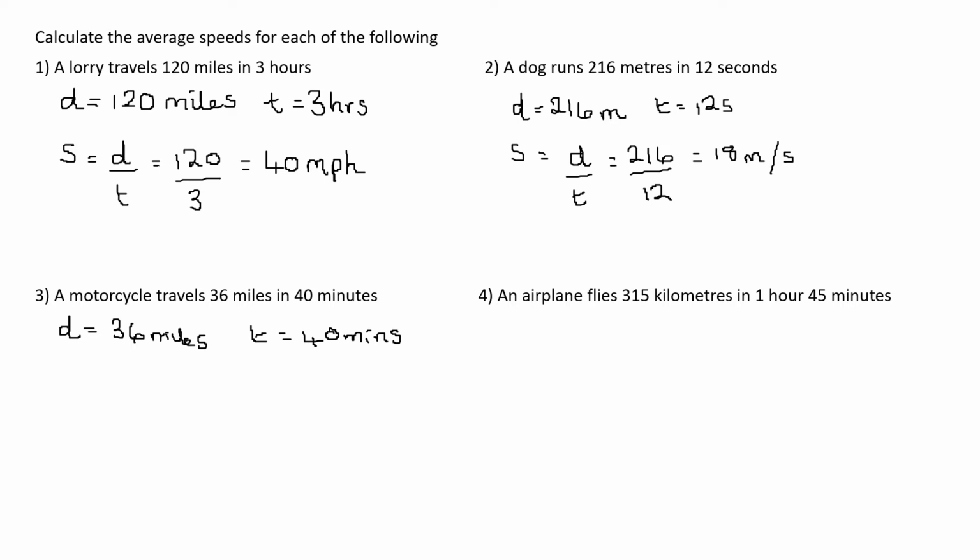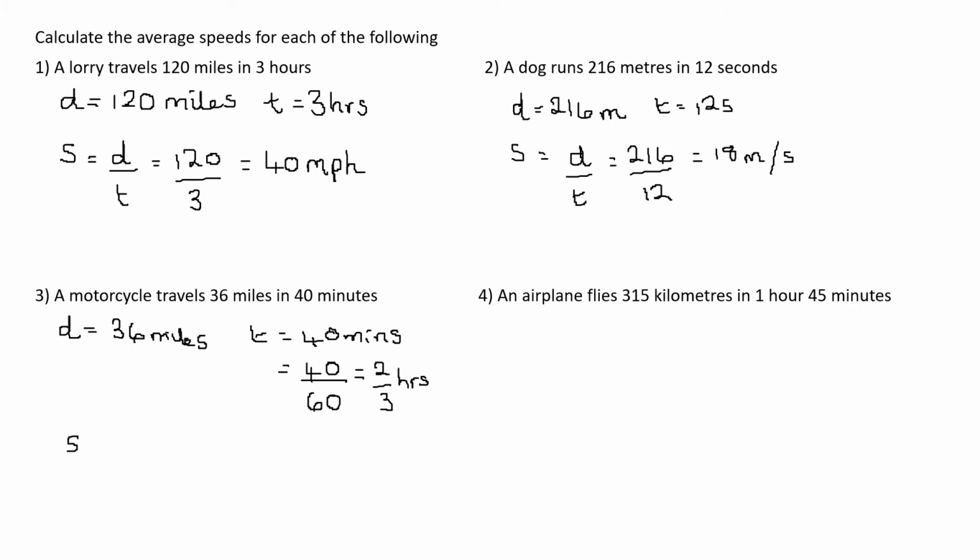That's the units that we would normally use. So we need to turn 40 minutes into hours. To turn minutes into hours, we express as a fraction with the number of minutes as the numerator and 60, which is the number of minutes in an hour, as the denominator. And then we simplify down. So 40 minutes is 2/3 of an hour.